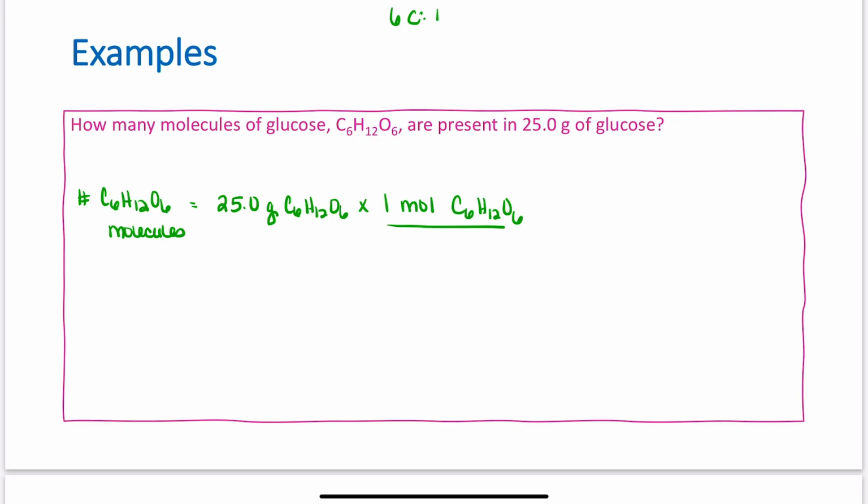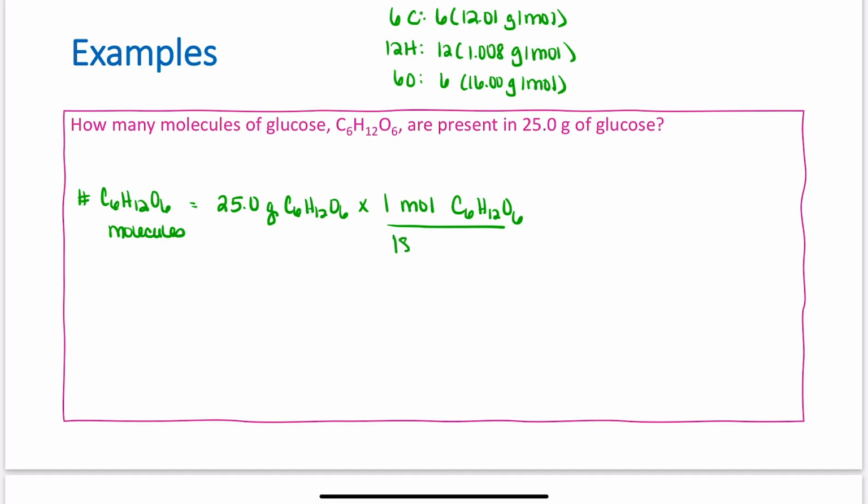You've got 6 carbons. Carbon weighs 12.01 grams per mole. You've got 12 hydrogens. Hydrogen is 1.008 grams per mole. And 6 oxygens. Oxygen is 16.00 grams per mole. When you add that up, you're going to get 180.2 grams for the molar mass of glucose.